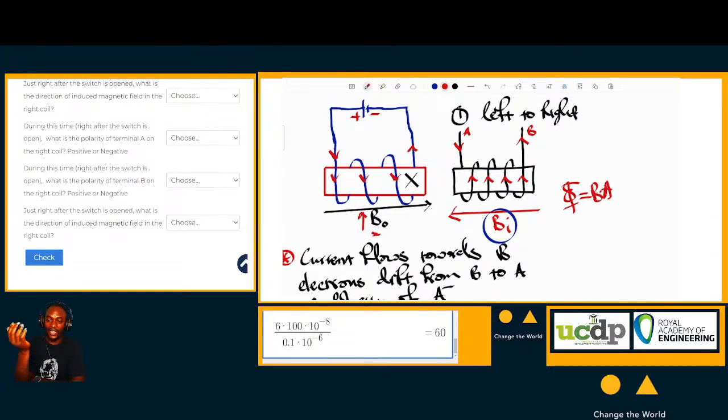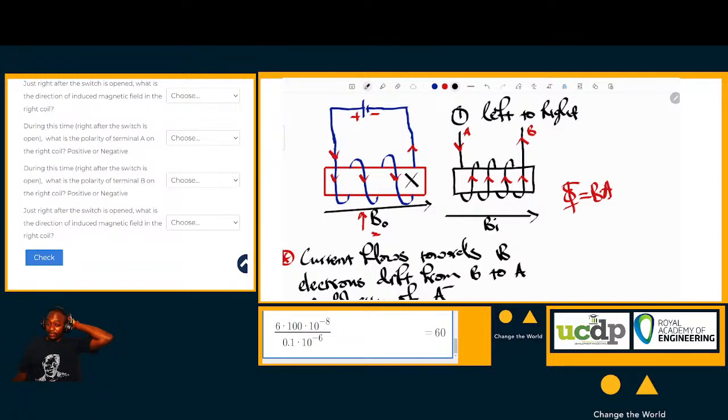What happens to its direction? Oh, it acts in the opposite direction of the original magnetic field. Okay? So which means that, did I say opposite? It acts in the same direction. So same direction as the original magnetic field.